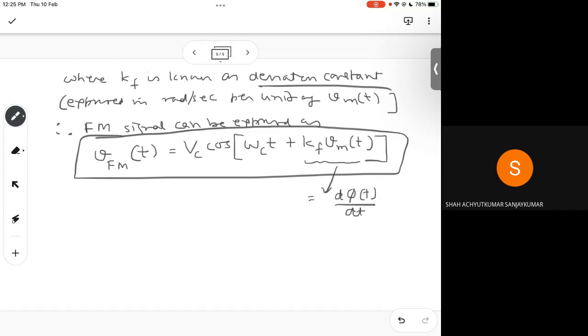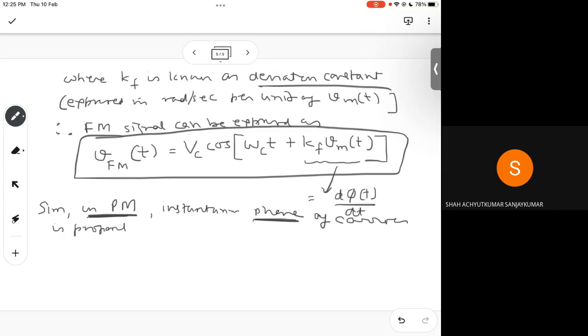And similarly, if I have to define phase modulation, which is also equally important, on the same line as we have just discussed: the instantaneous phase of the carrier is proportional to the instantaneous value of the modulating or master signal.